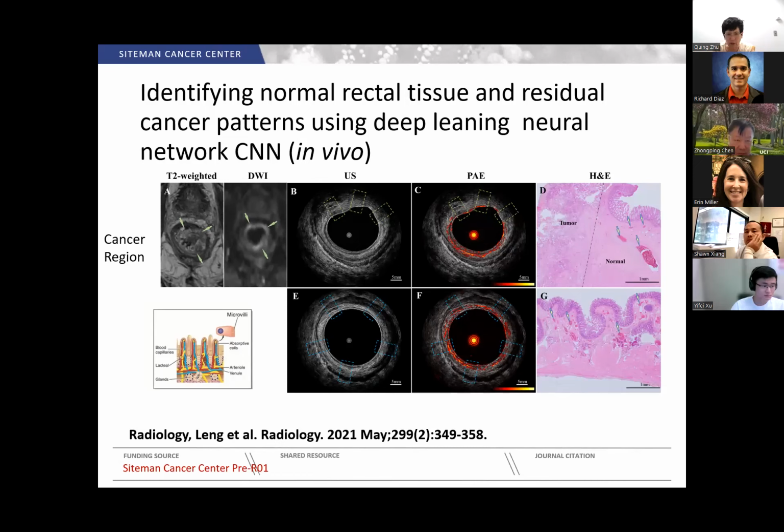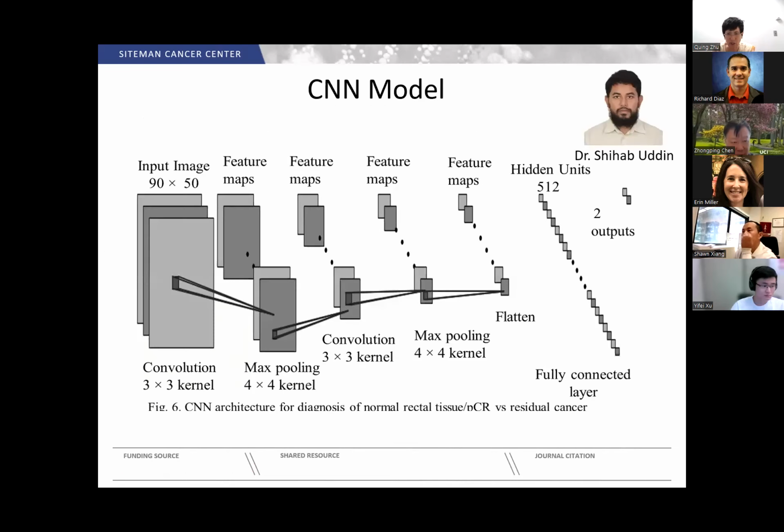So we borrowed a deep learning CNN neural net and developed our own, and then trained it with a reasonable number, I won't say large, of several hundred B-scans with a region of interest cropped, and we trained the neural net to represent normal. What is different from normal will likely predict abnormality and residual tumor.